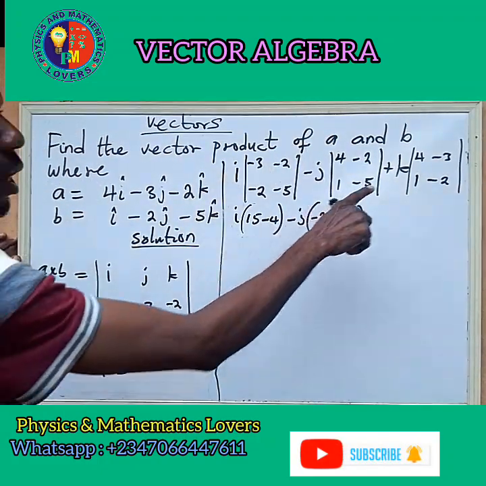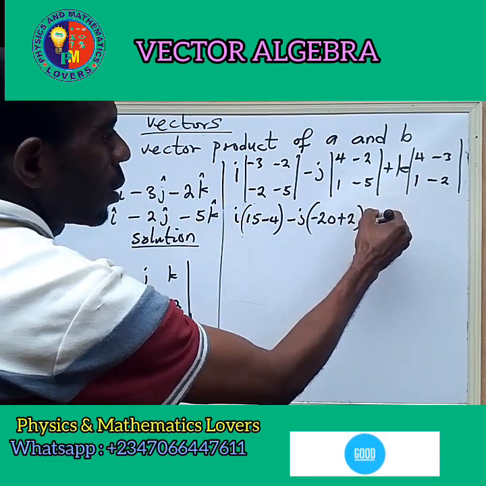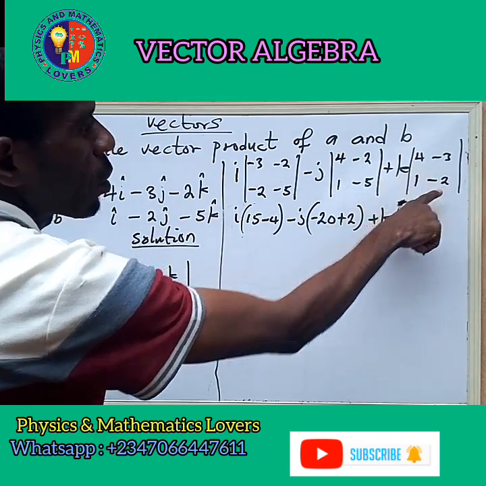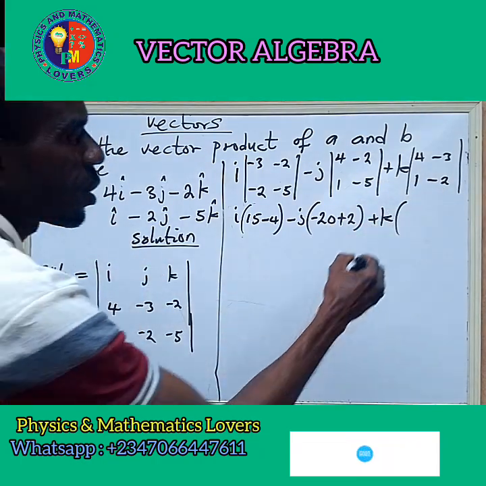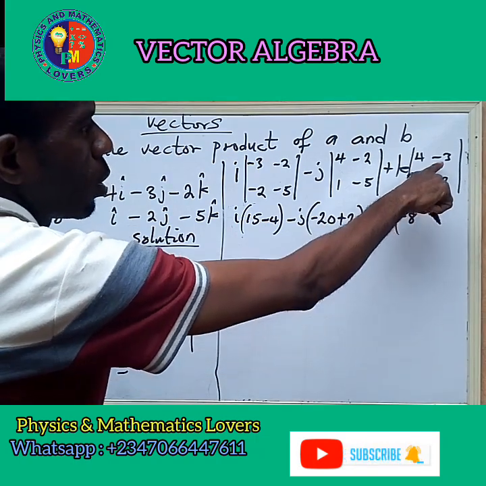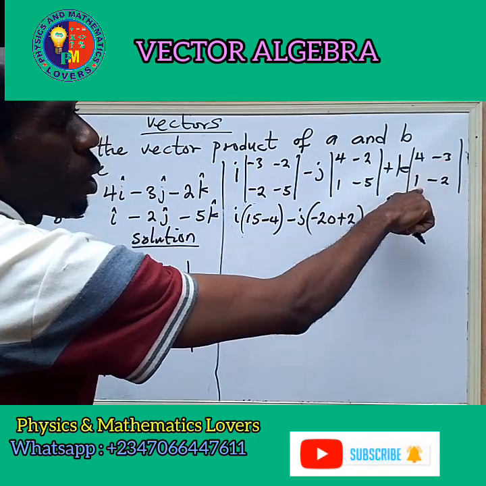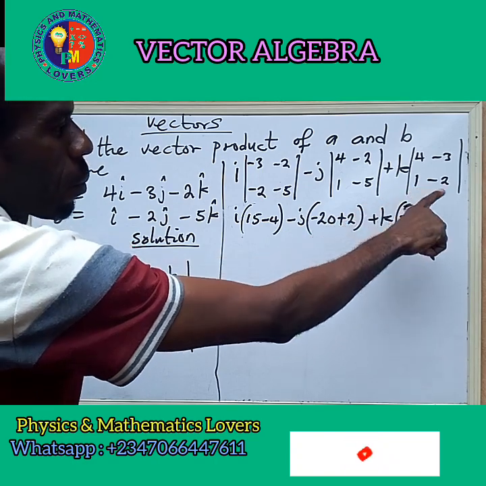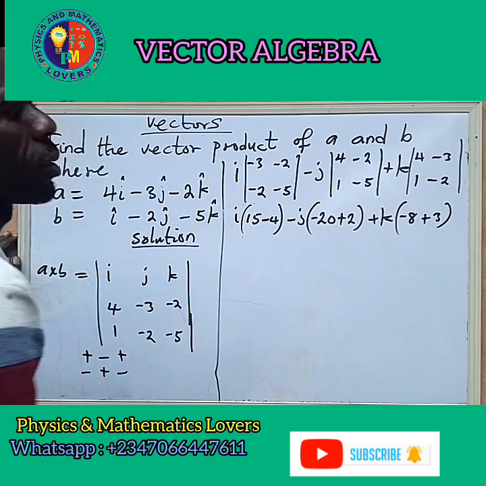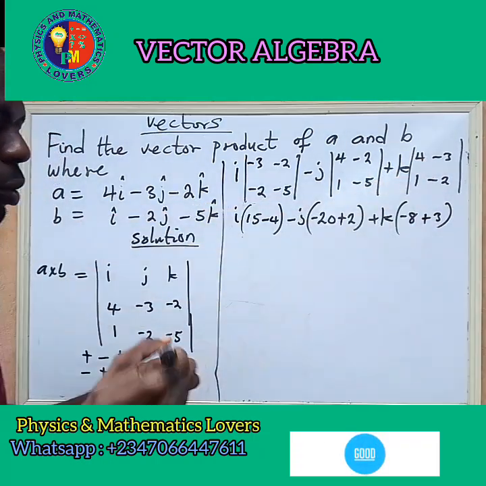Then the next one here, we're having plus k into 4 times negative 2, which is negative 8. Then minus negative 3 times 1, which is negative 3, and because of the minus we are going to subtract, it becomes plus.